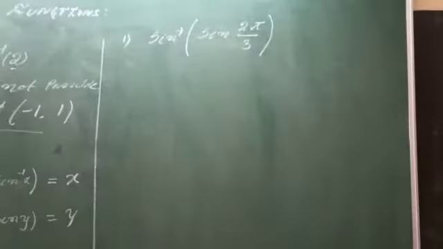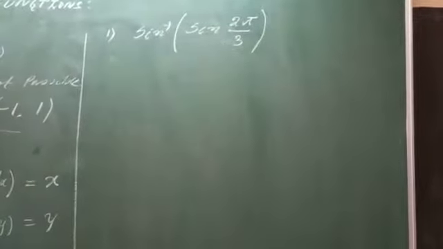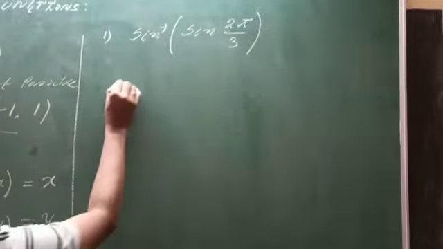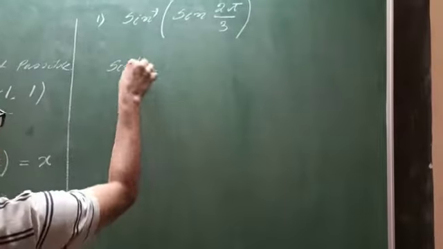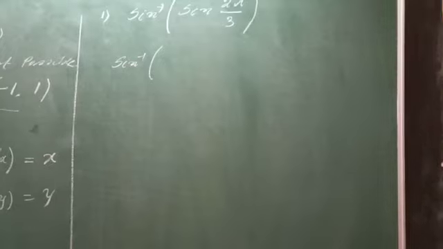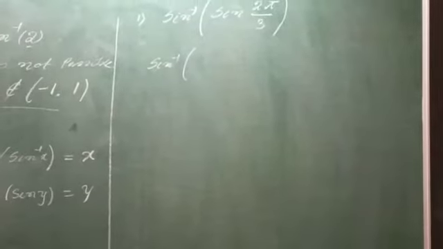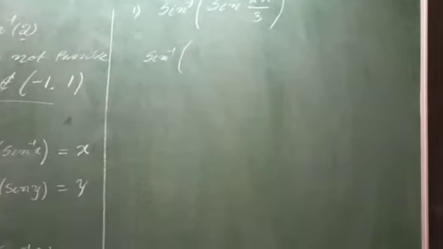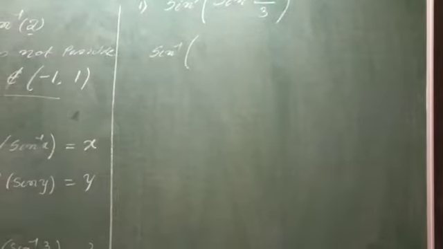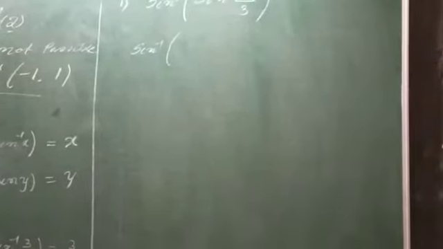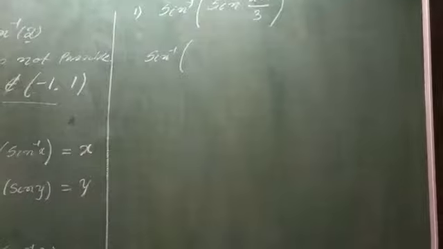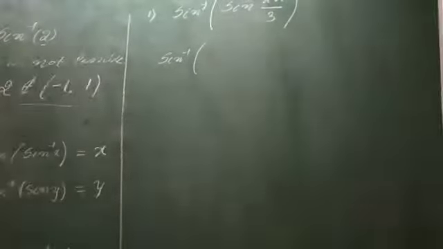How to solve this? Just split this one into two: 2 pi by 3 is pi minus pi by 3.